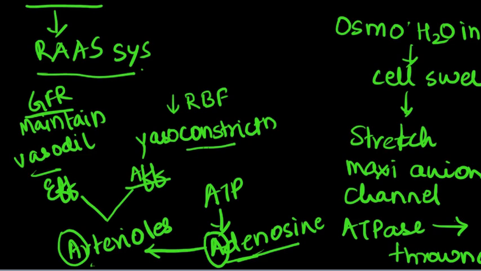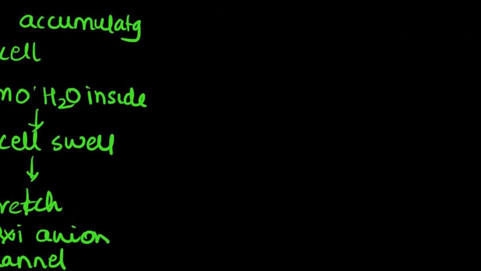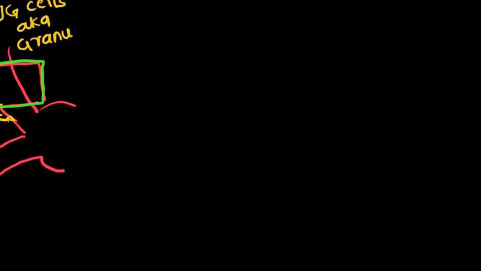On the afferent arteriole it causes vasoconstriction, so the blood flow reduces. However, in the efferent arteriole it maintains vasodilatation so that the GFR is maintained. It does not really lead to ischemia. So I think it's pretty clear and very simple how the entire tubuloglomerular feedback loop works.